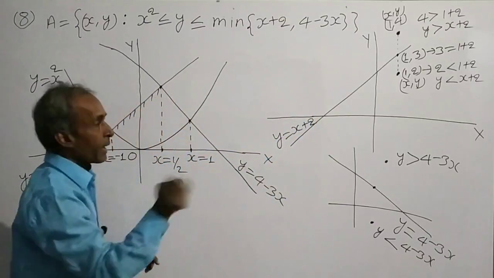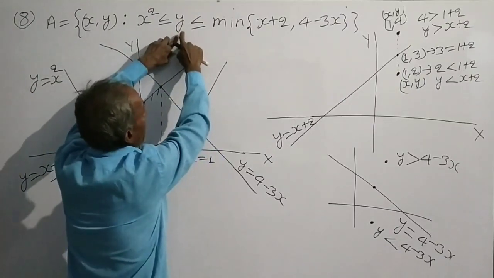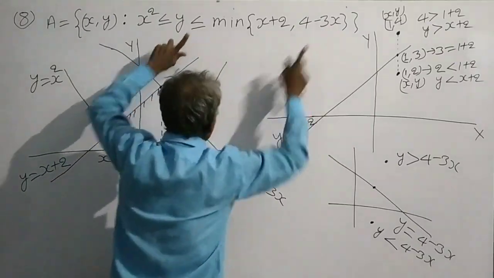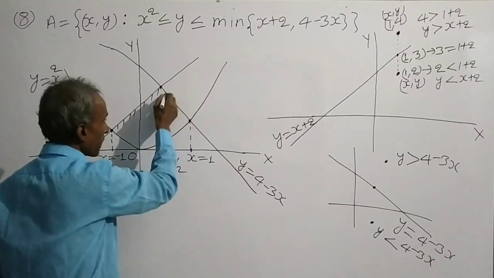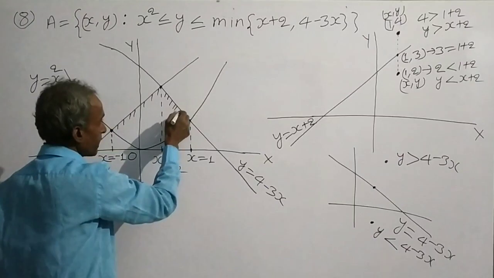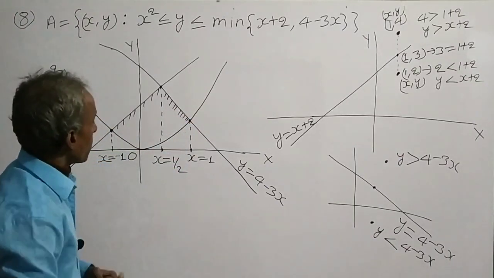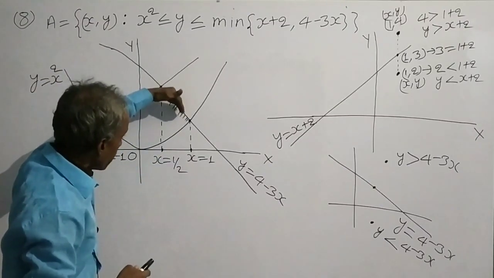And we have to take the points whose y coordinate is less than or equal to 4 minus 3x. That means we have to take the area of the region that lies below this straight line.